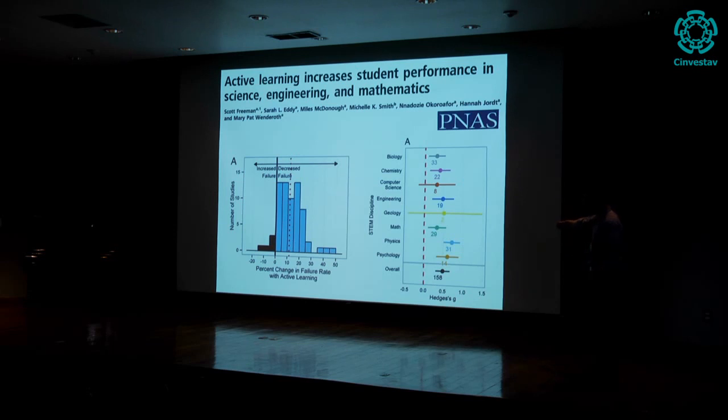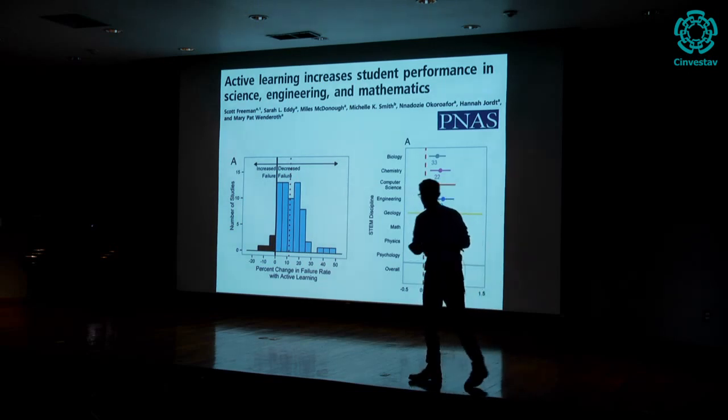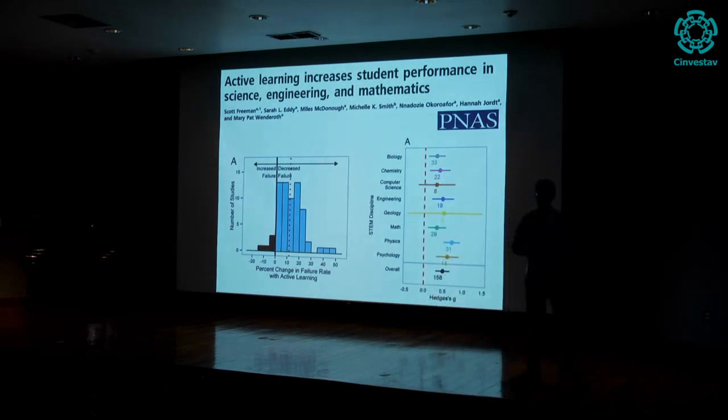They then broke it down by STEM discipline, and they looked at what's called Hedges' g, which is an effect size calculation, saying what's the effect that you're getting for the treatment. And what they found was in every single discipline, here's the overall average here, but you can find your discipline here if you'd like, there was a positive effect for using active learning contrasted to, again, more passive lecture-based courses.